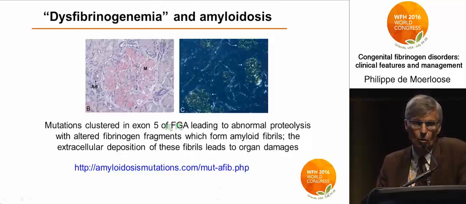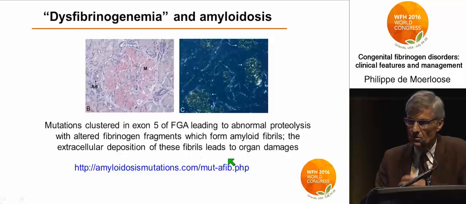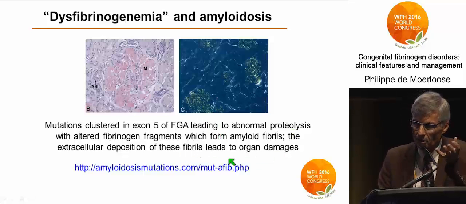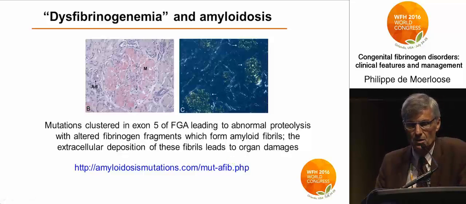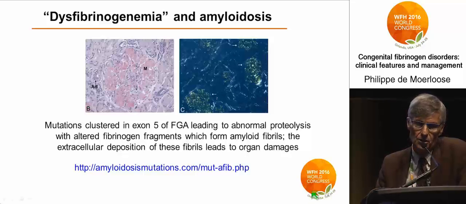The mutations are always the same, in exon 5 of FGA, which leads to an abnormal proteolysis. And this will lead to amyloid fibrils, and they will usually end up with renal failure, which is the most common thing that you observe. But it could be a cardiomyopathy and other complications which touch various organs, like in amyloidosis.